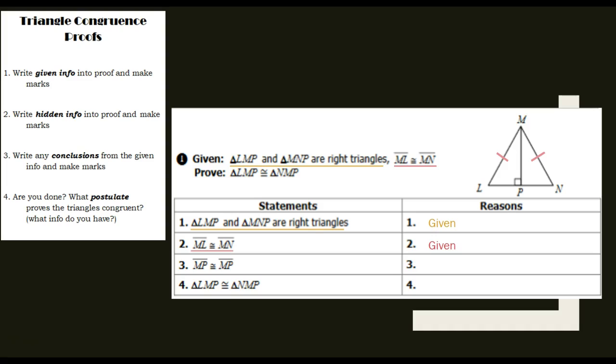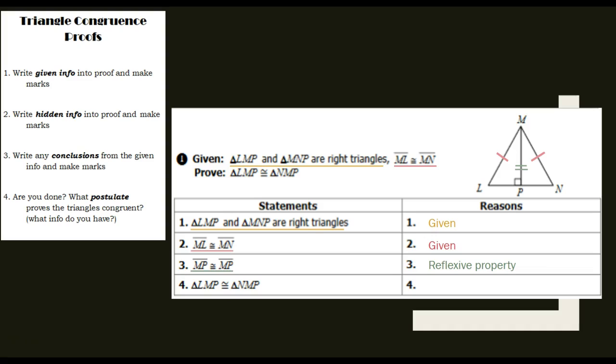Step two, write the hidden information into the proof and make your marks. So I see a reflexive side right here. So I'm going to say it's equal to itself. I'm going to write it in the proof. I already made the marks. And I'm going to say how I know. Well, it's because it's reflexive.